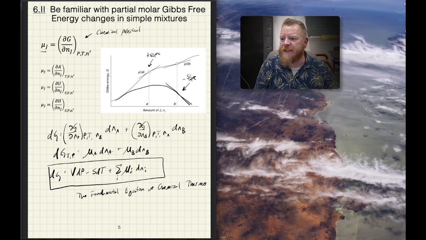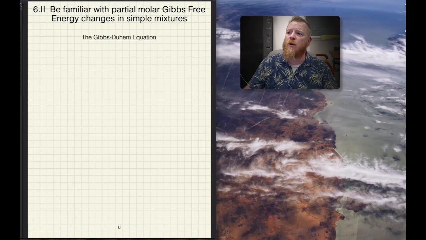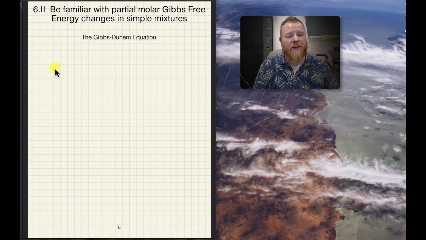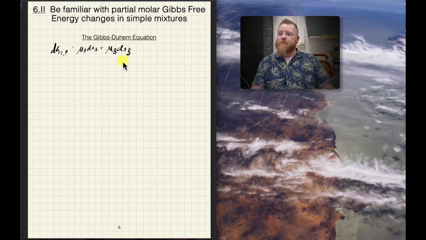So let's see, if we keep moving on here, we'll introduce this new equation, the Gibbs-Duhem equation. Working back to this, I'm going to rewrite that expression that I just wrote, noting that if we're talking about constant temperature and constant pressure, that's going to be mu A dNA plus mu B dNB.